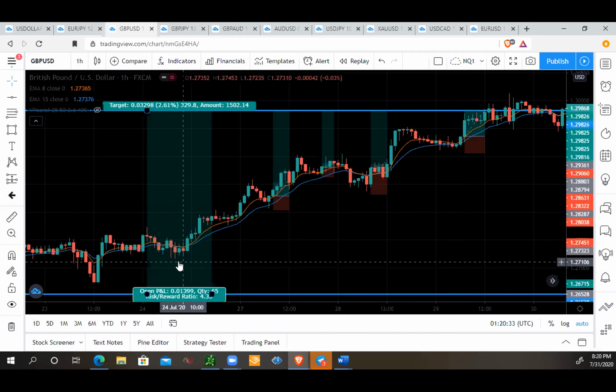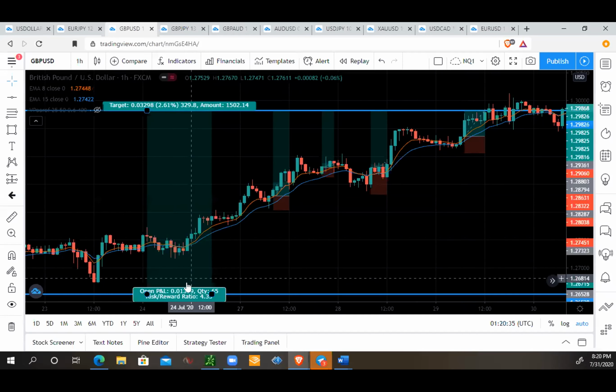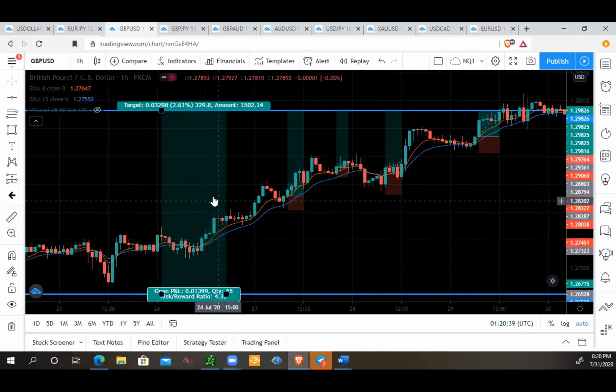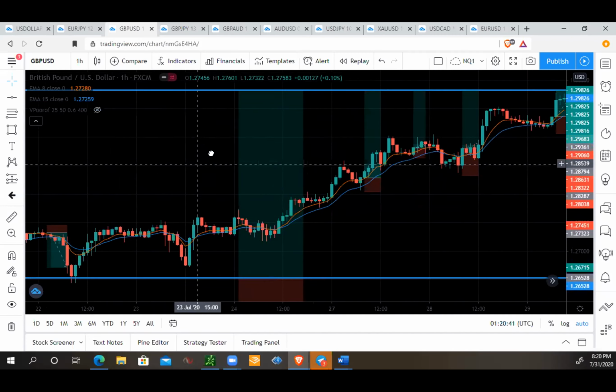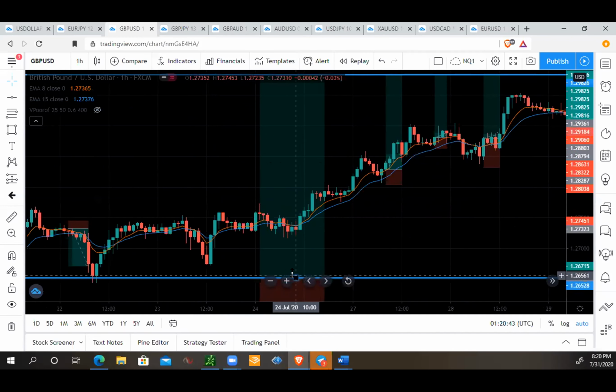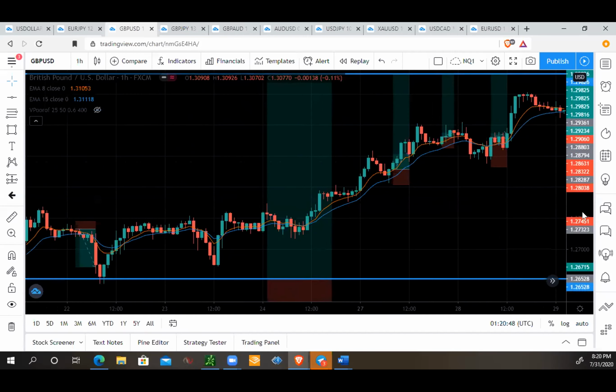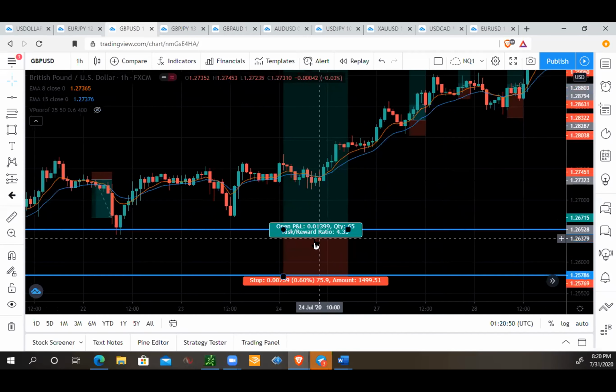So this first trade here, that hit the target, it's a win. And how many pips was this first one? This first one was a big one.